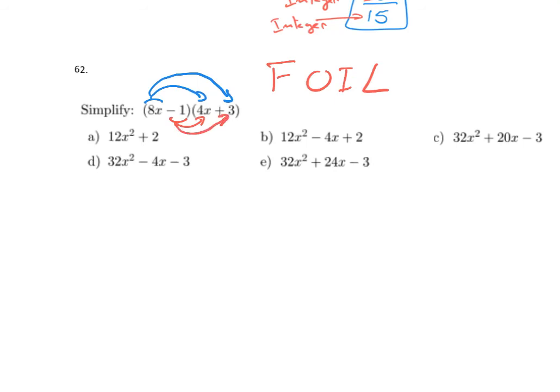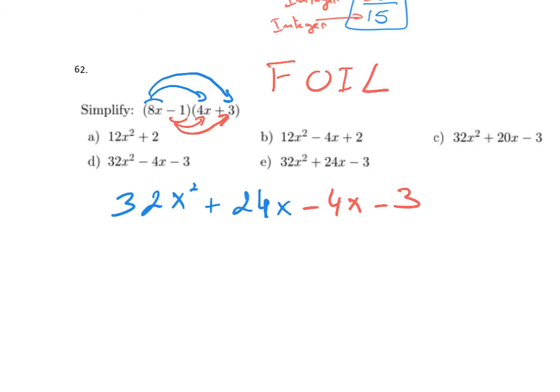So 8x times 4x will be 32x squared, and 8x times 3 will be 24x. Negative 1 times 4x is negative 4x, and negative 1 times 3 would be negative 3.